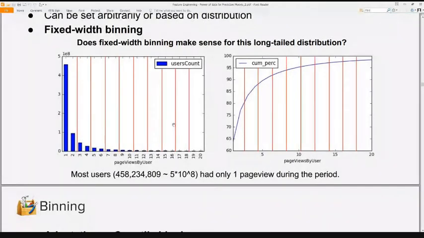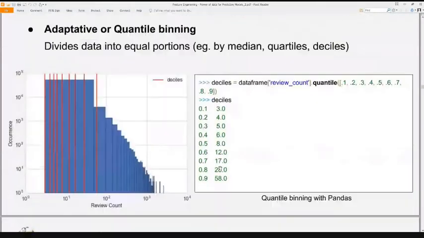For example, views made by user, 5 etc. Then quantile binning, whereby you are binning based on quantiles: the minimum, the 25th percentile, the median, the 75th percentile, the maximum. You look at 4 categories.